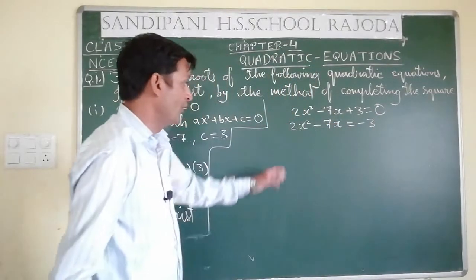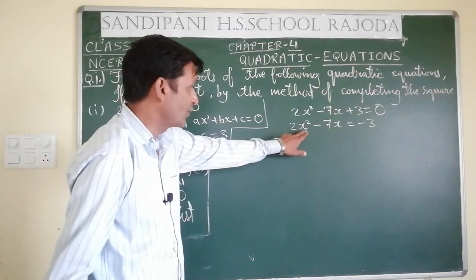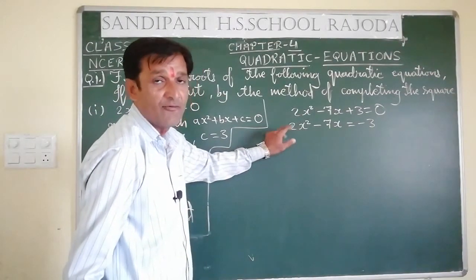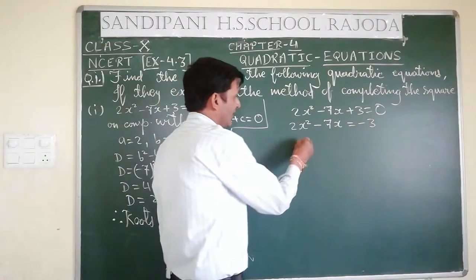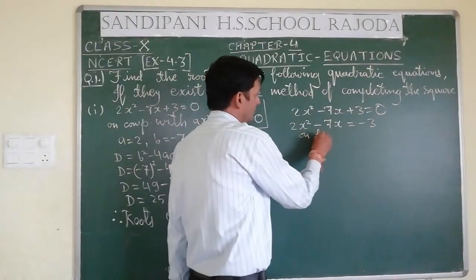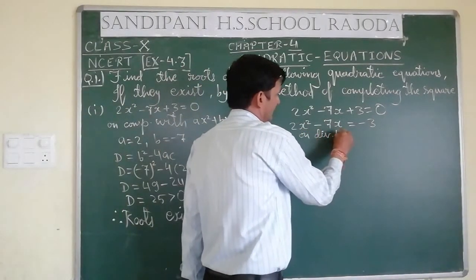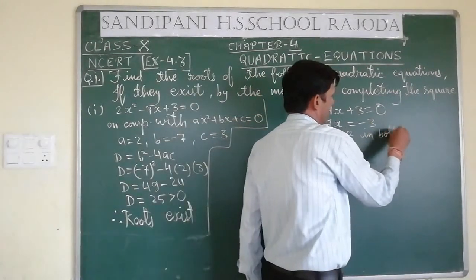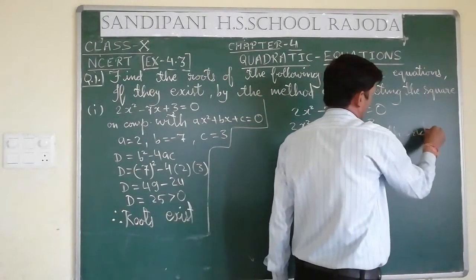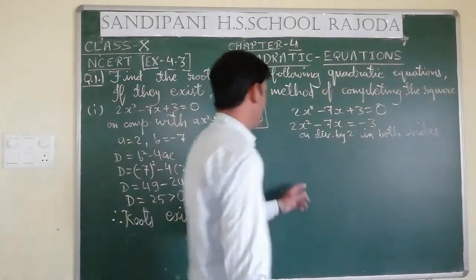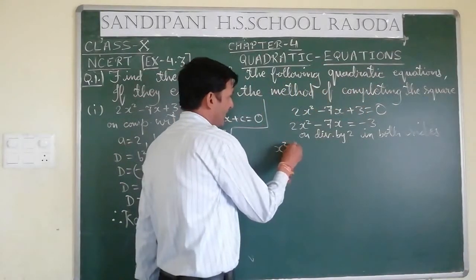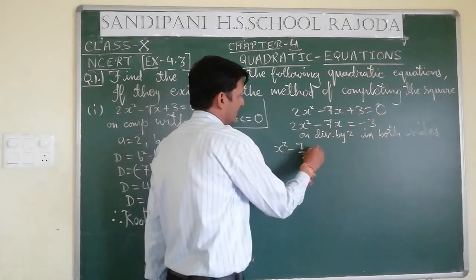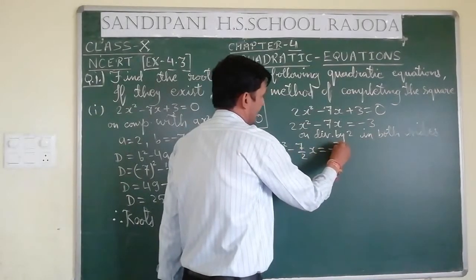Now what we have to do? We have to eliminate this coefficient of x square, for making it somewhat easy. On dividing by 2 in both sides, it will become x square minus 7 by 2 x is equal to minus 3 by 2.